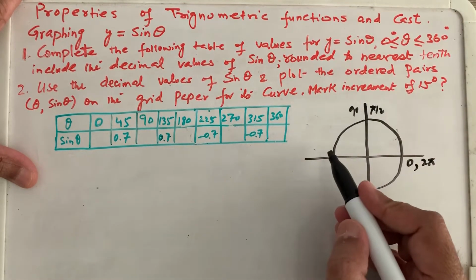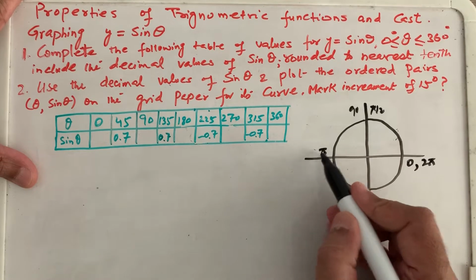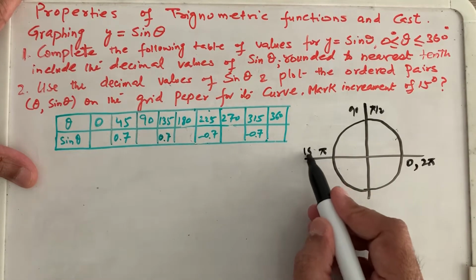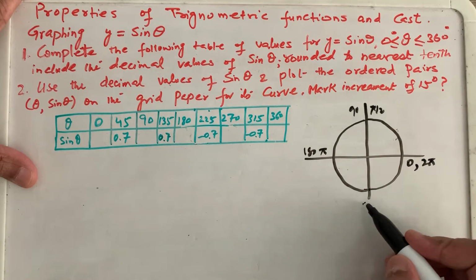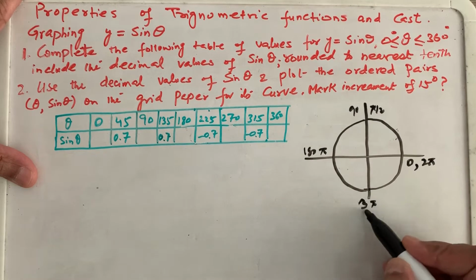And then you have here pi, or 180 degrees, and then here you have 3 pi by 2.